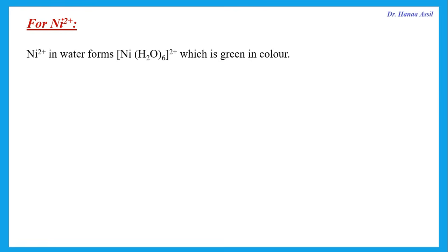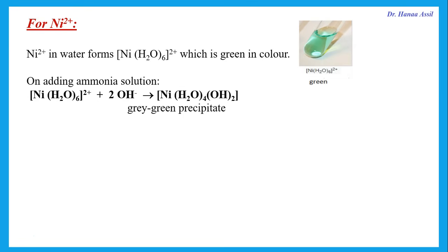Nickel, please remember the colors. Nickel in water forms a green solution. Now when we start to add ammonia, we have what is called deprotonation. So some of the water has an H removed, so it forms OH instead of H2O, and this is a gray-green precipitate in which the nickel has 4 water and 2 OH.